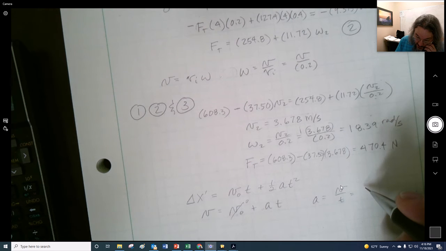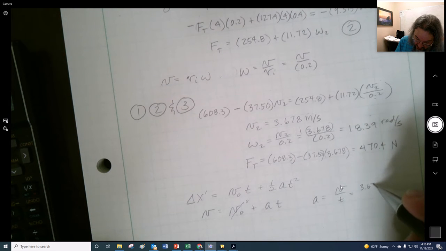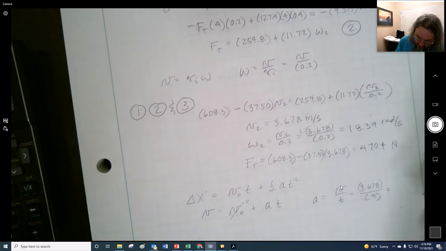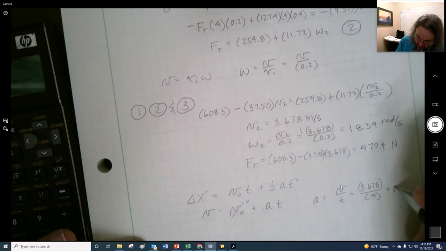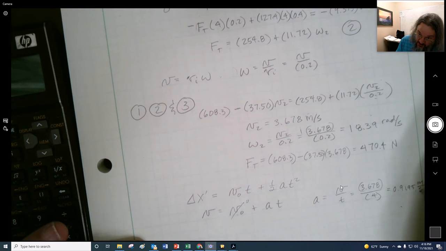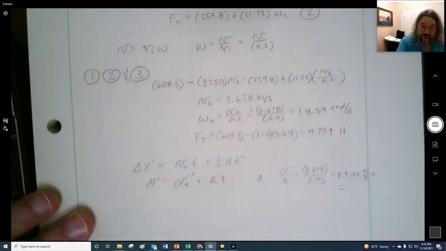So that's just 3.678. That's obvious as can be. So let's take 3.678 and divide it by 4, and we get 0.9195 meters per second squared, right?